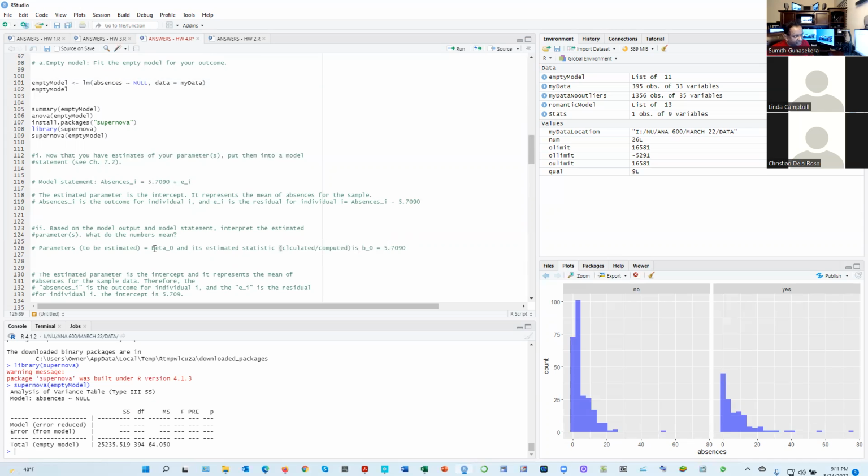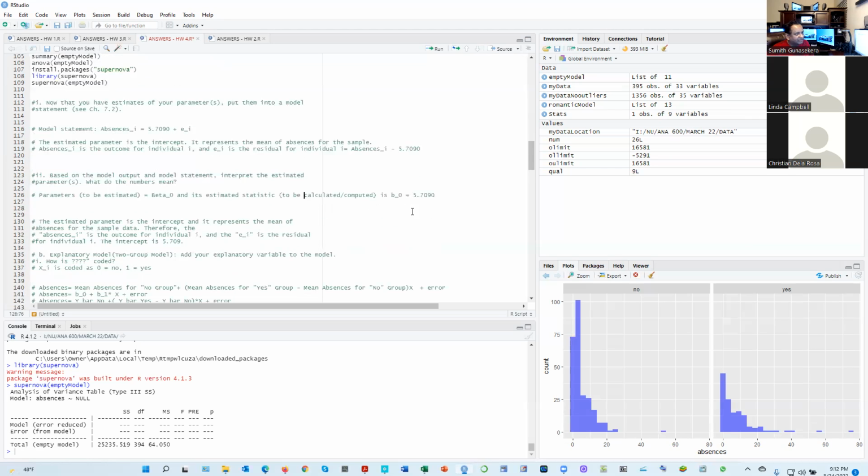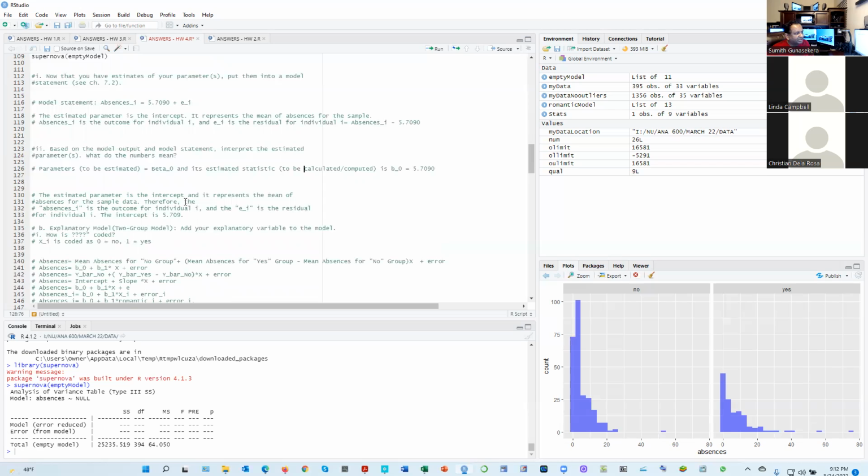Know the difference between calculated and computed. A parameter is something in your population model, beta naught, and its estimate, the statistic, has already been calculated or computed, or the computer has done that for us. So the estimated parameter is the intercept, and it represents the mean absences for the sample data.